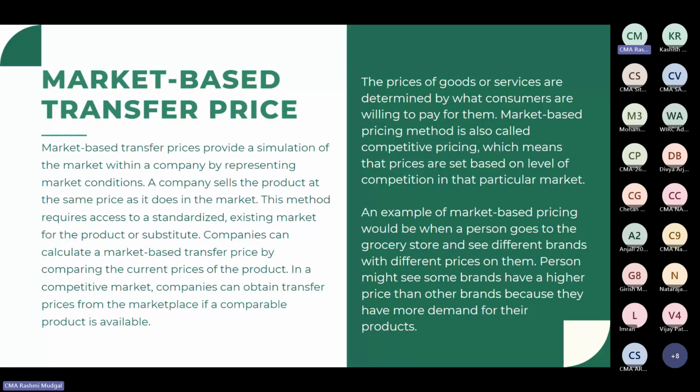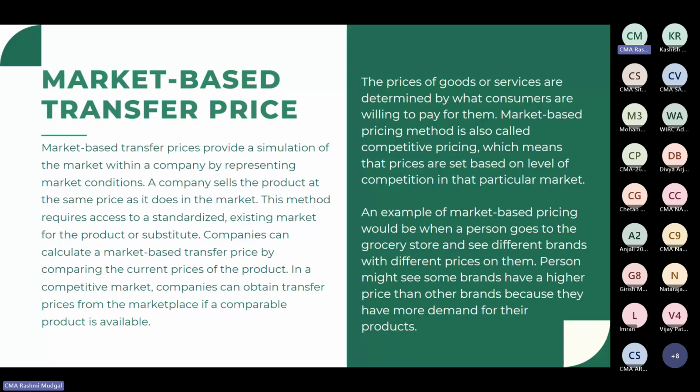Companies can calculate a market-based price by comparing the current prices of the product in the competitive market also. Companies can obtain transfer pricing from the marketplace if a comparable product is available. Only in this case can it be possible.